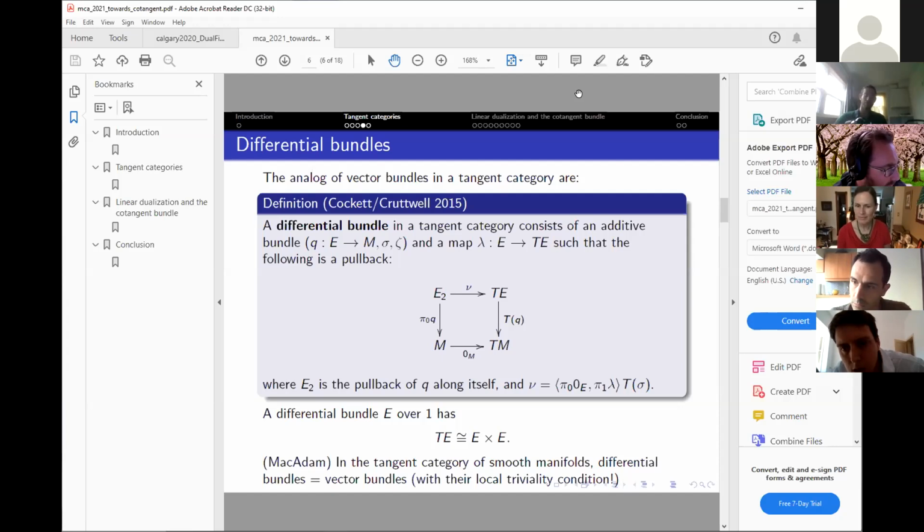So my point is there are lots of questions about adding additional categorical structure to a tangent category and seeing how far that takes you. Extensive is something I hadn't thought about at all, but that's one possibility, yeah.